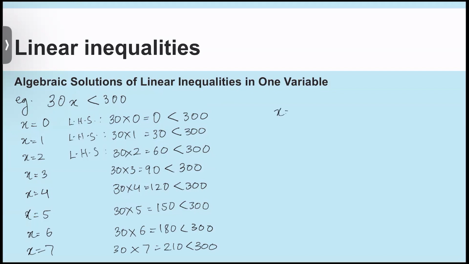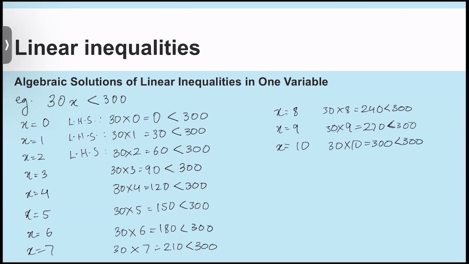Then 30 into 7 is 210, less than 300. Then x is equal to 8: 30 into 8 is 240, less than 300. x is equal to 9: 30 into 9 is 270, less than 300. And if you take x is equal to 10, 30 into 10 is equal to 300.